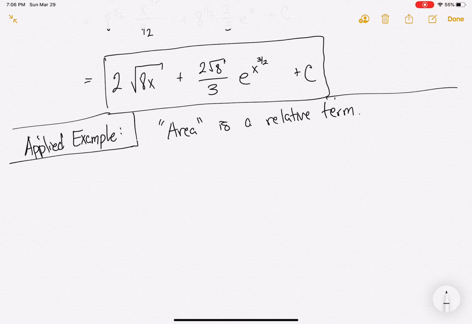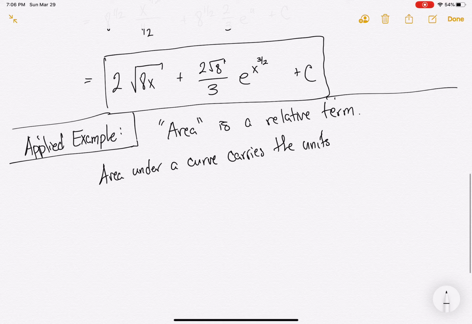So when we calculate area under a curve, it carries the units of the x-axis and y-axis multiplied together.